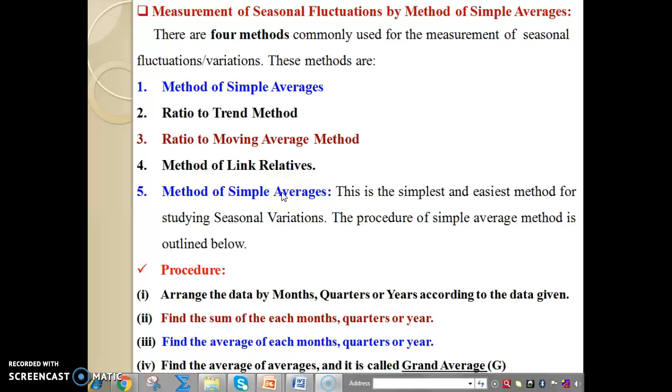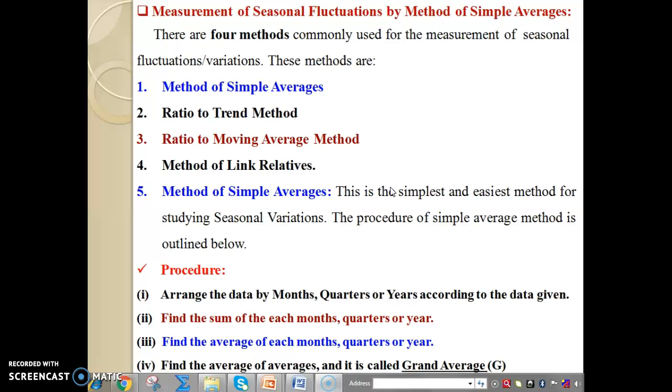The first one, method of simple averages. This is the simplest and easiest method for studying seasonal variations or fluctuations, and this method is based on the additive model of the time series.